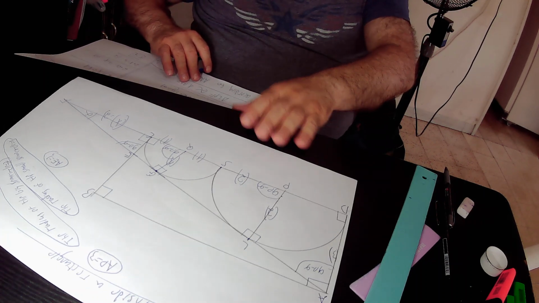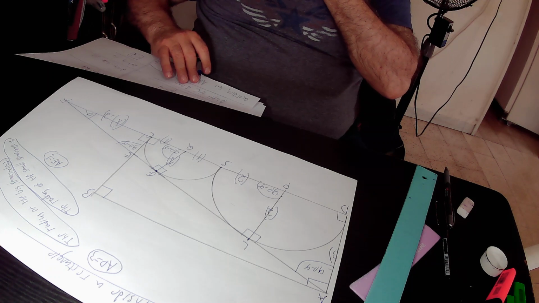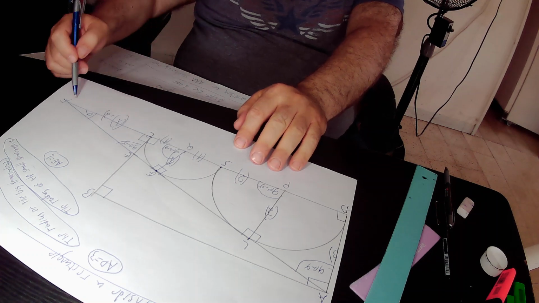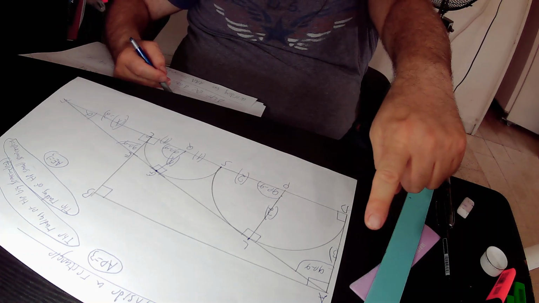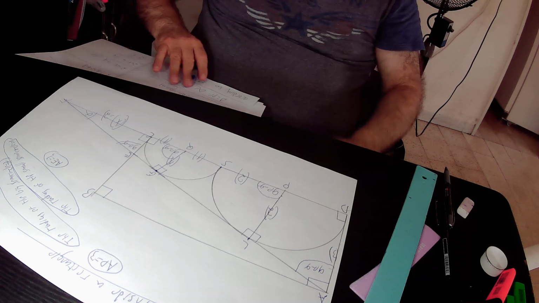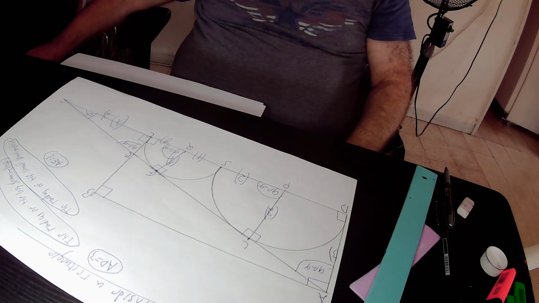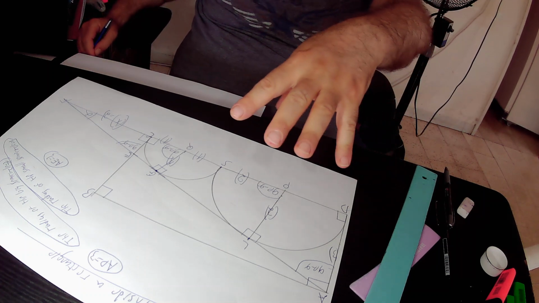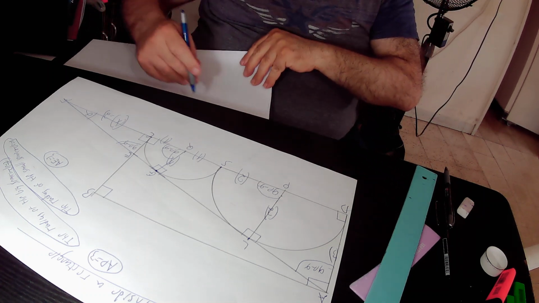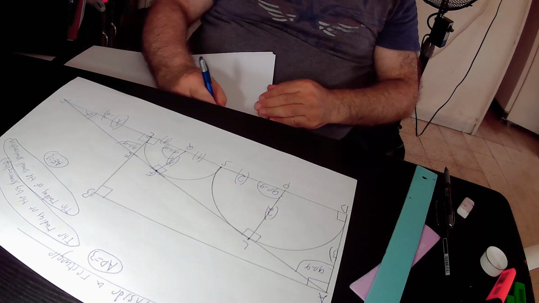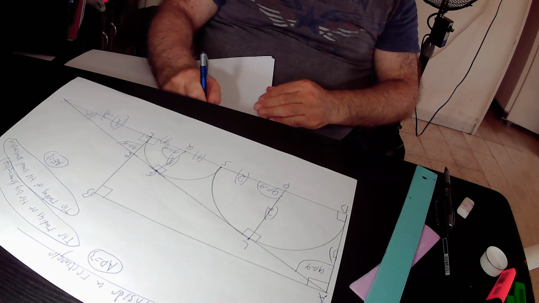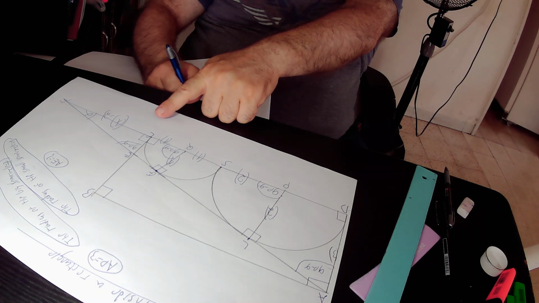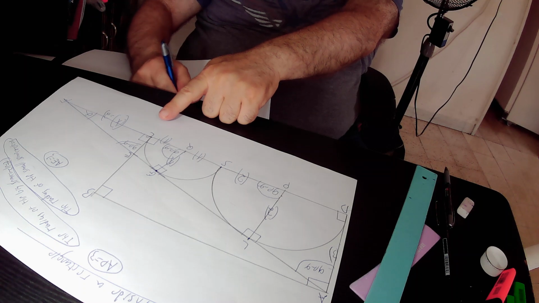In the next step, we will prove that the small right triangle ECF is similar to the big right triangle ADF. So I write it down. Repeat again. We will prove that the big right triangle ADF, the biggest right triangle in this drawing, is similar to the smallest right triangle in this drawing, that is triangle ECF.